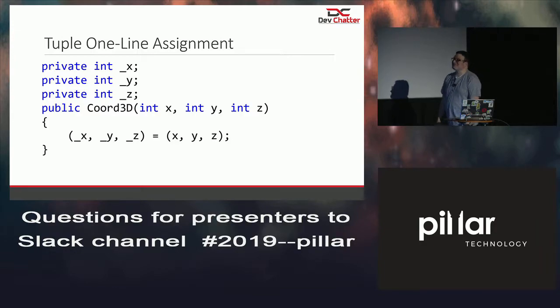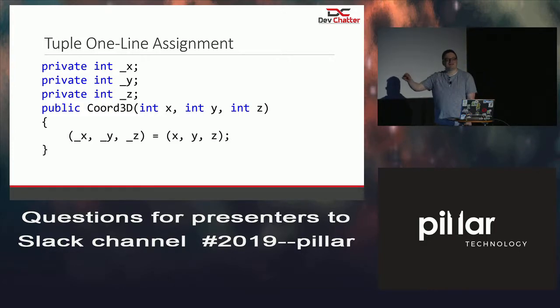I'm going to show you something that I consider both to be evil and hilarious at the same time. So this is an example of construction and deconstruction happening on the same line. So let's talk about what construction is. If you look at the code inside of our 3D coordinate creation constructor there, you'll see that on the left-hand side, we are deconstructing a tuple into the fields x, y, and z.